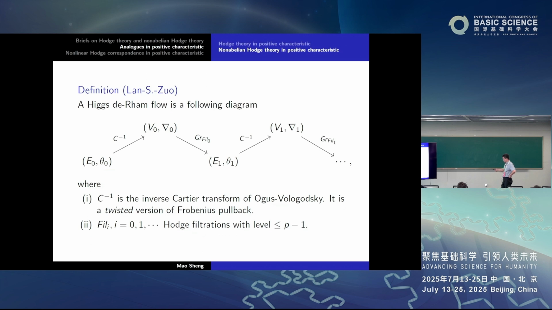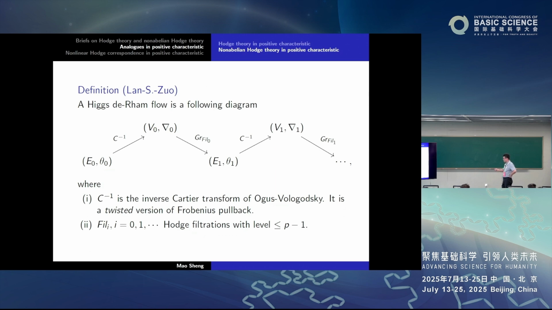From the upside, the inverse Cartier transform C inverse is the Cartier transform of the OV correspondence, sending the Higgs bundle to a flat bundle. And the downside goes from the flat bundle to a Higgs bundle. This is achieved after choosing a suitable filtration, which we call the Hodge filtration. Then you will get another Higgs bundle, and keep doing this process.